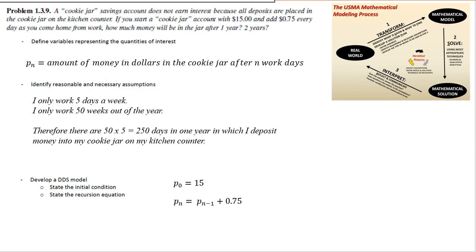So I have a recursion equation where P sub n, the amount of money in my cookie jar after n work days, is equal to P sub n minus 1 plus 75. And this is my model that I can then use to solve.